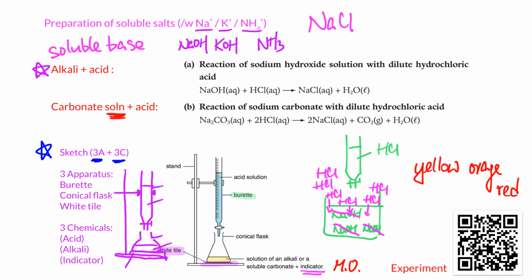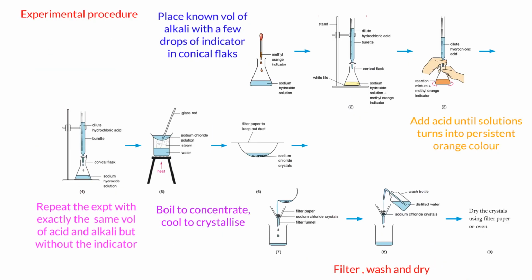For titration, we will have SB8 on titration, but I will show you the videos later on. Right now, we'll just have a quick look at how the titration is done. So this experiment, scan it and have a look. The experimental procedures: very first step, we have to place a known volume of alkaline into the conical flask.